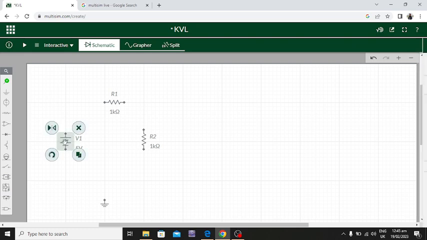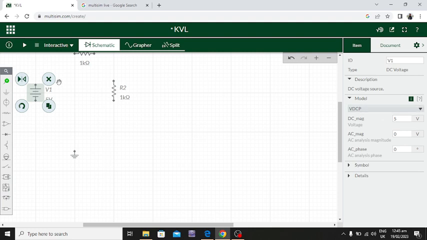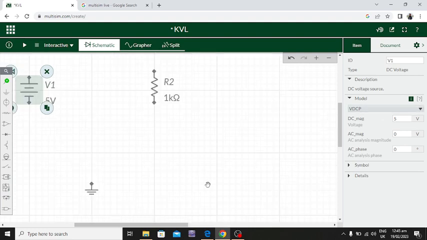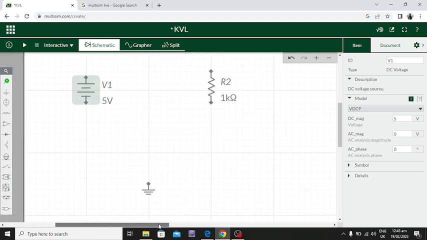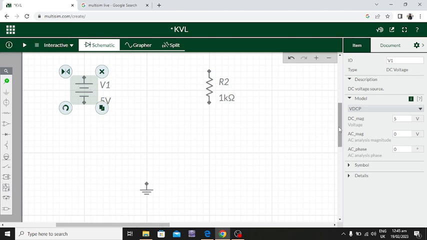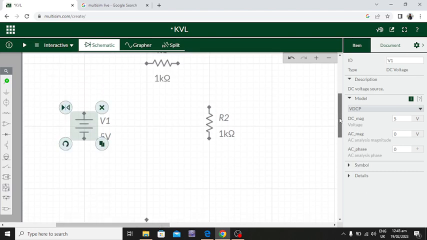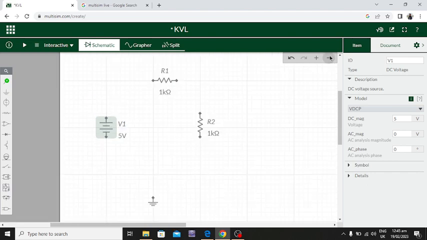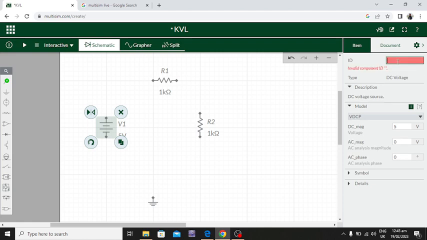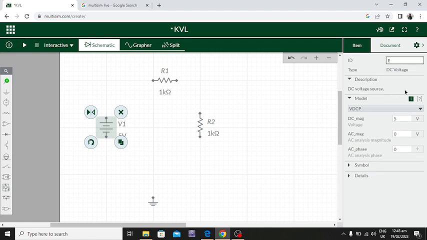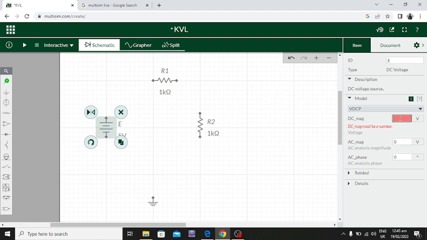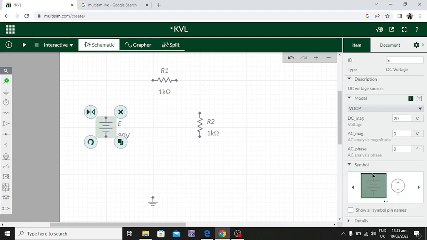So double click. Much better. I'm going to zoom in for a better view. This is the voltage source, and I'm going to rename it E. For the DC magnitude, I'm going to select 20 volts.